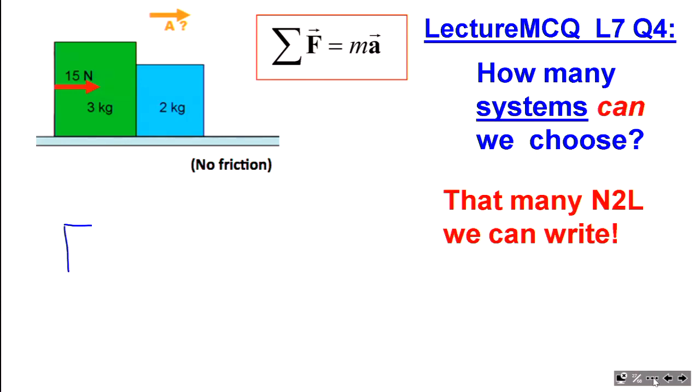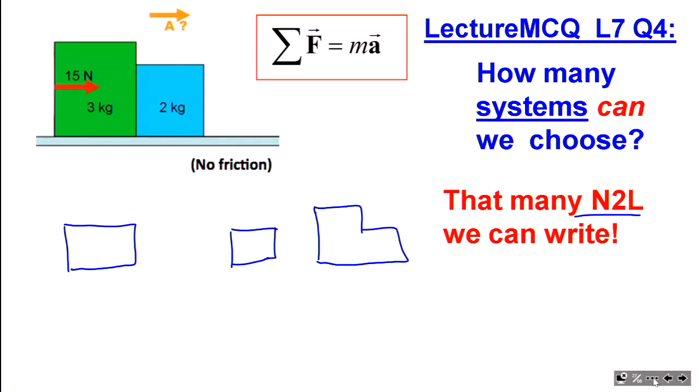So in this situation, we can choose the big box as an individual system and consider forces acting on box number 1 only. We can choose the small box as an individual system and forget about everything else, considering only forces acting on box number 2. Or we can choose the whole combination as a system. And for every system we choose, we can write Newton's second law.